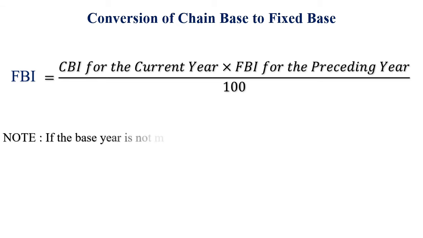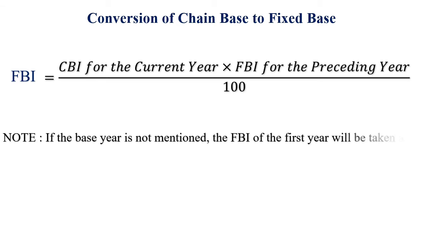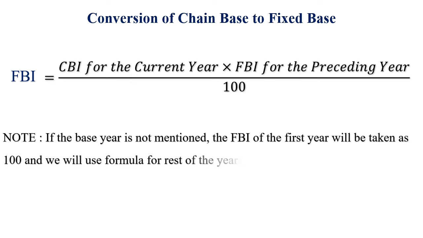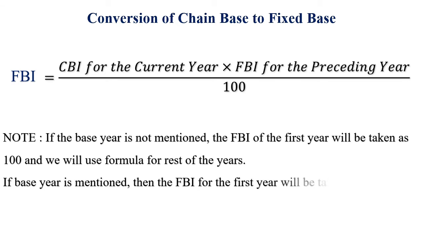The same note is applicable here: if the base year is not mentioned, the FBI of the first year will be taken as 100 and we will use the formula for the rest of the years. But if the base year is mentioned, then the FBI for the first year will be taken as the CBI for the same year. So if it is written which base year is there, then whatever the first year CBI is, we take the same as FBI.